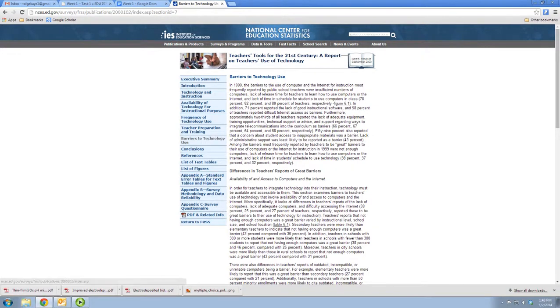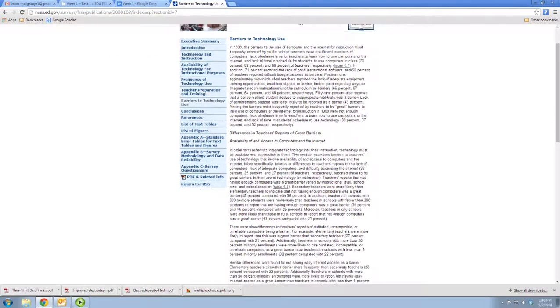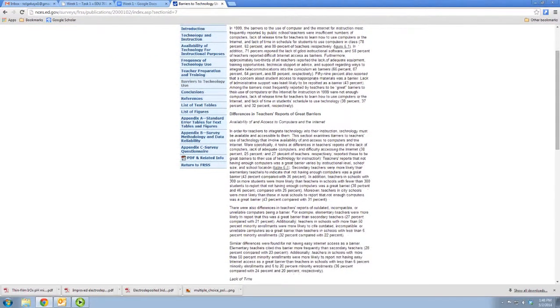A report on teachers' use of technology. I'm curious about that. Well, let's see. Differences in teachers' reports and great barriers. Availability of and access to computers and the internet. Well, that's obvious. Technology must be available and accessible to them.